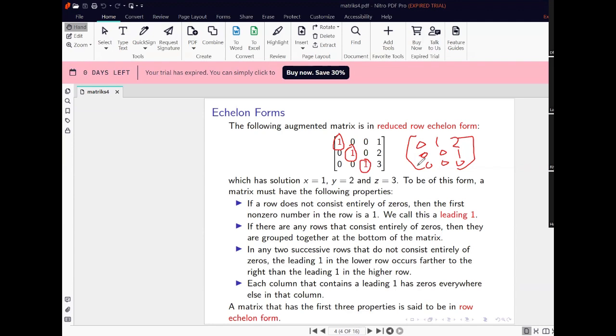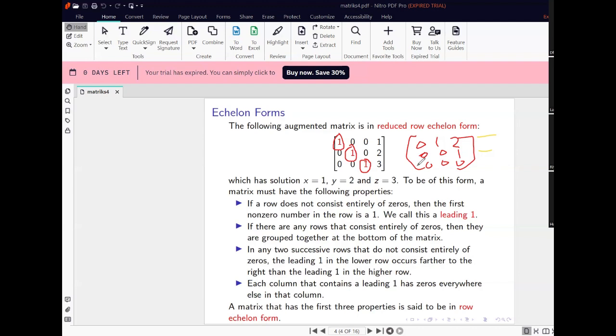So we have to group that row at the bottom of the matrix. Property number 3: in any two successive rows that do not consist entirely of zeros, so we can consider only these rows, the leading one in the lower row occurs further to the right than the leading one in the higher row.